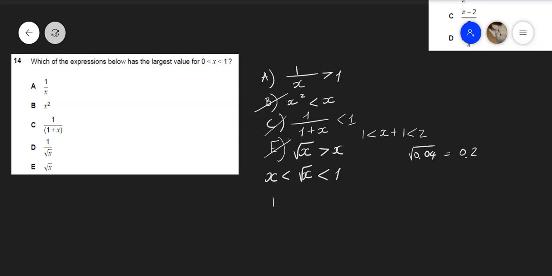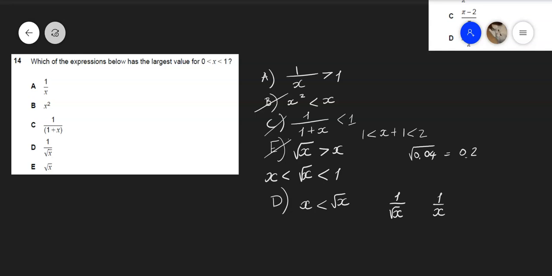And now let's think about the last option, D. When I discussed option E, we made the conclusion that x is less than the square root of x. Now, what happens if I divide 1 over root x? How does this number compare with 1 over x?